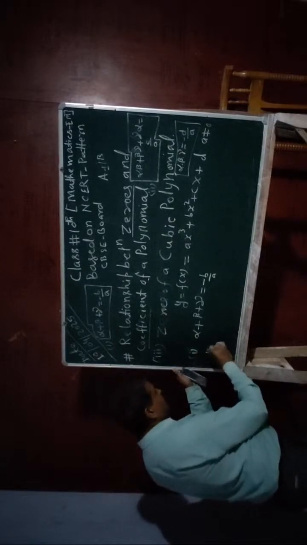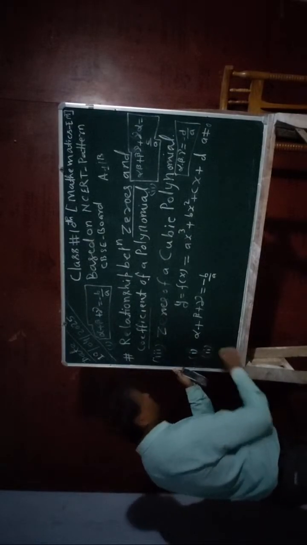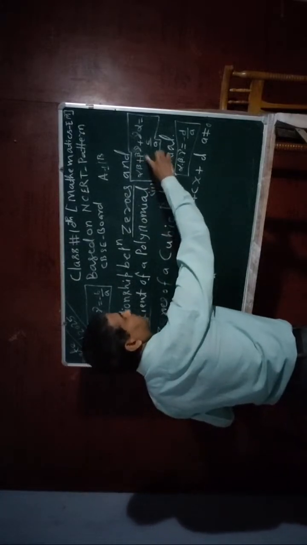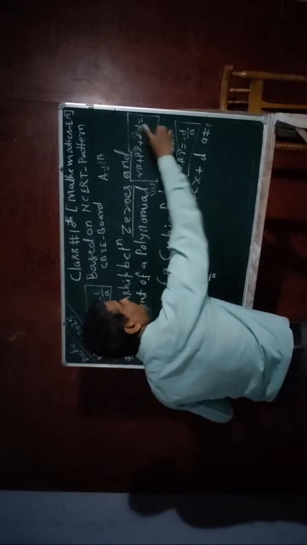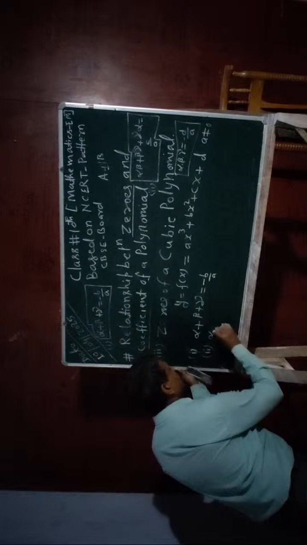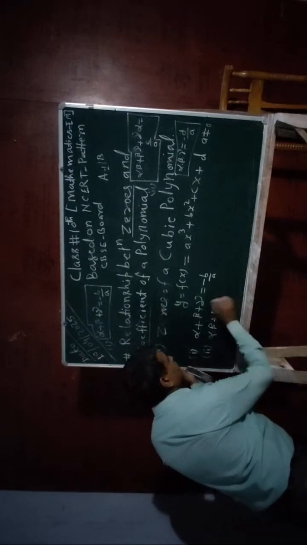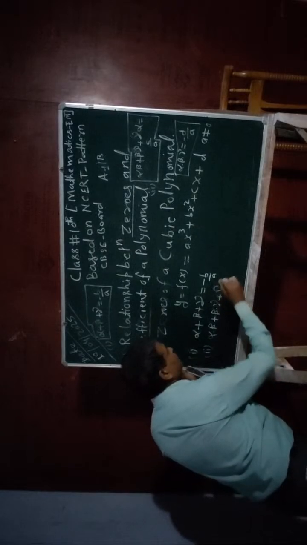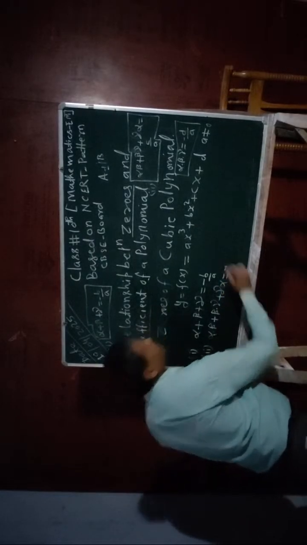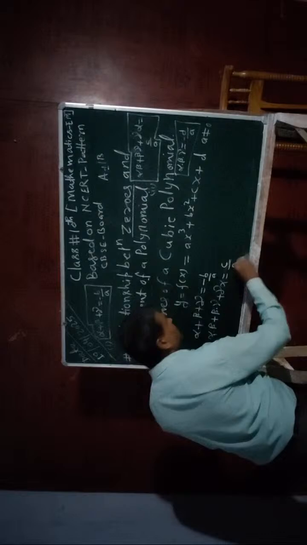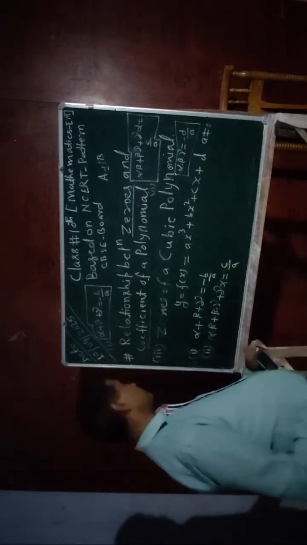Okay student, and the second formula I am going to write: alpha into beta plus beta into gamma plus gamma into alpha, which is equal to c divided by a. This is the second formula.